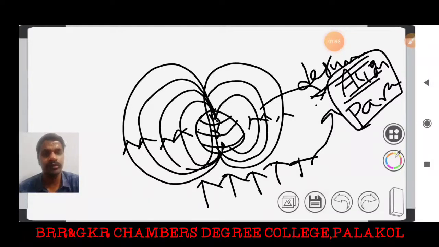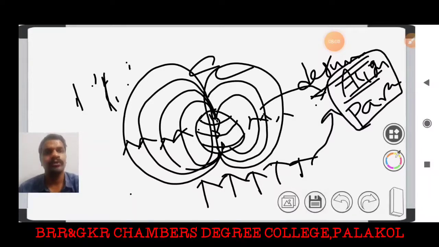For example, at 1.41 Tesla, the nucleus precesses with 60 megahertz resonance frequency.